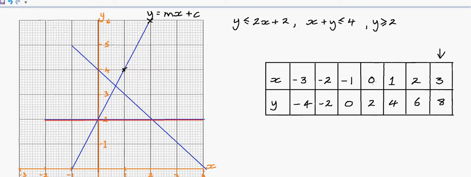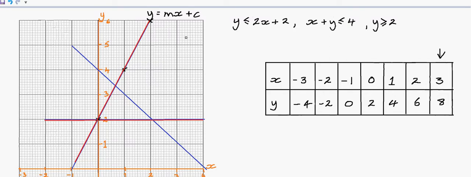Where x is 0, y is 2. So you can see now all my points are on that line. Okay, so that line can also be drawn in.